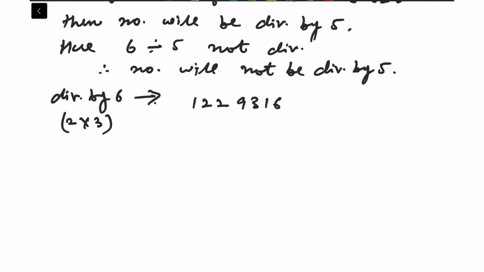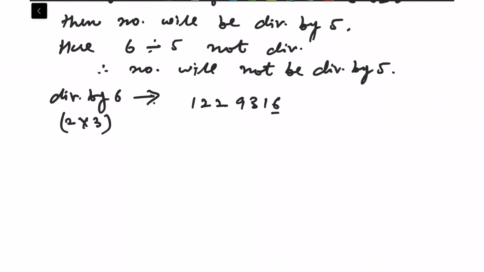Here, for divisibility by 2, we will have to see if the last digit 6 is divisible by 2, then the whole number is divisible by 2. Then we will say that yes, this number is divisible by 2. And for 3, we will see the sum of digits.